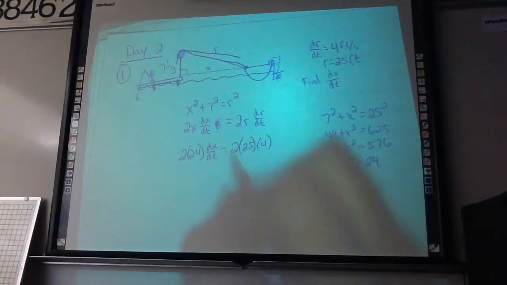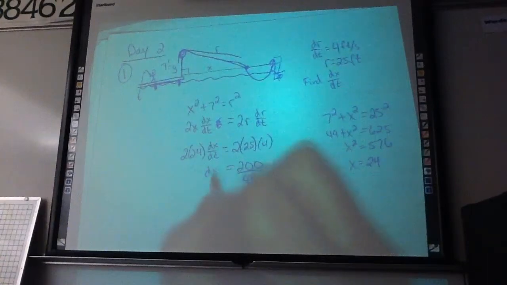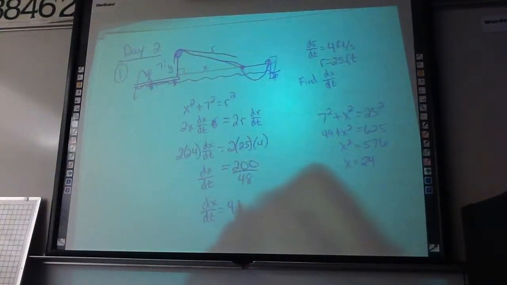So that's 200 divided by 48, 4.17 feet per second.